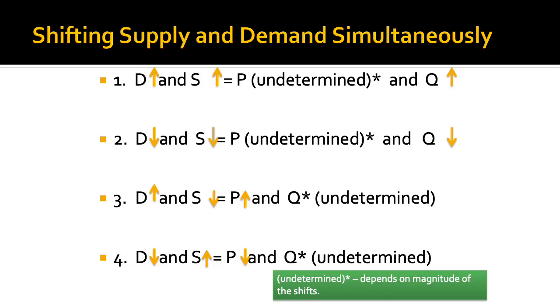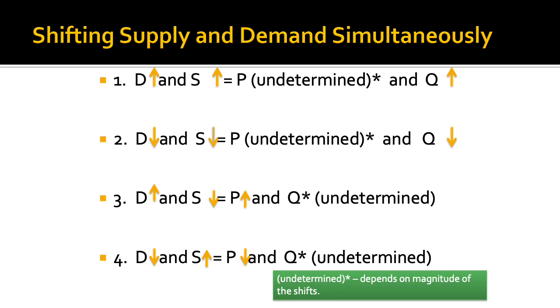So when demand and supply shift simultaneously, when demand and supply both increase, there is upward pressure on the quantity. The price is undetermined as it depends on whether the shift in demand was greater than the shift in supply. When demand and supply both decrease, you have clear downward pressure on the quantity in the marketplace, but the pressure on price is undetermined as again it depends on which of the two shifted more.